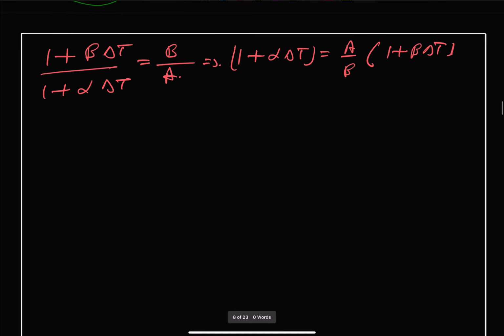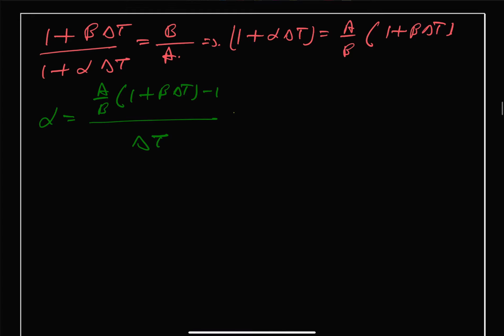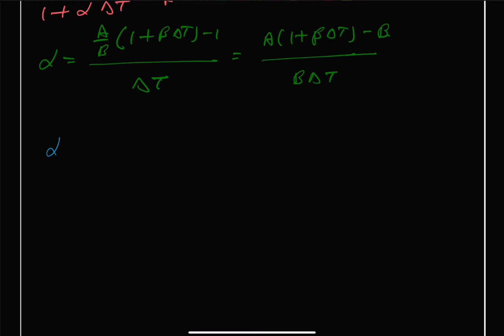And now we can write that our alpha will be equal to, we have our delta T, and this comes as (A upon B)(1 plus beta delta T) minus 1, which can be further written as B delta T is equal to A(1 plus beta delta T) minus B. Now we replace A and B once again back into the equation.